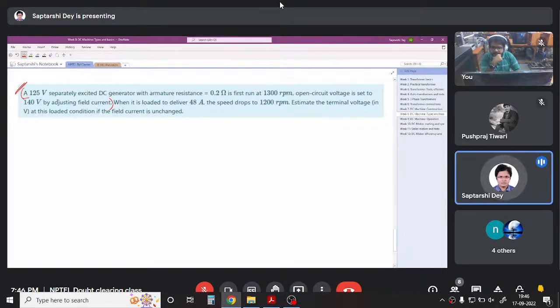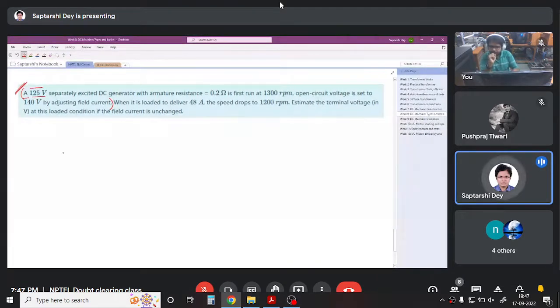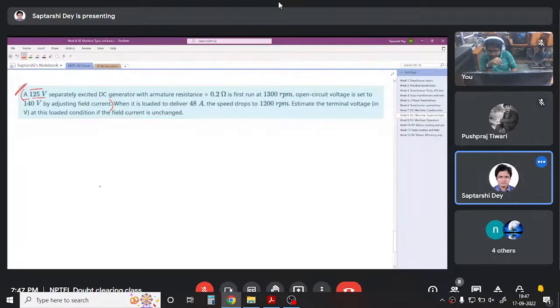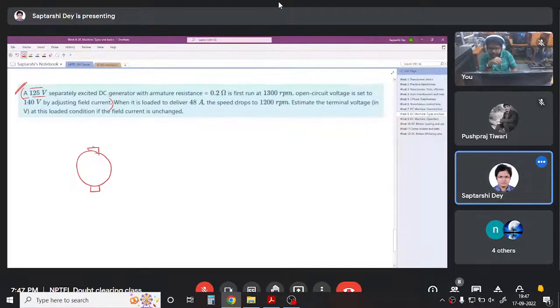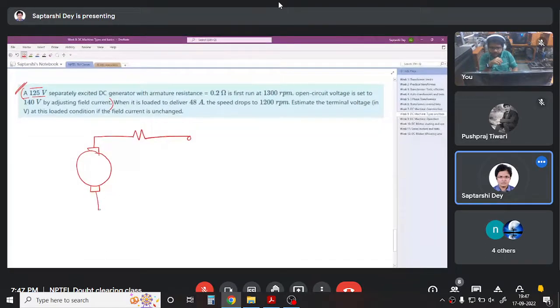So this separately excited DC generator has a nameplate rating of 125 volt. So as you know, when generators run, okay, I will draw it properly. This is a brush. This is the armature resistance. So this is a DC generator.